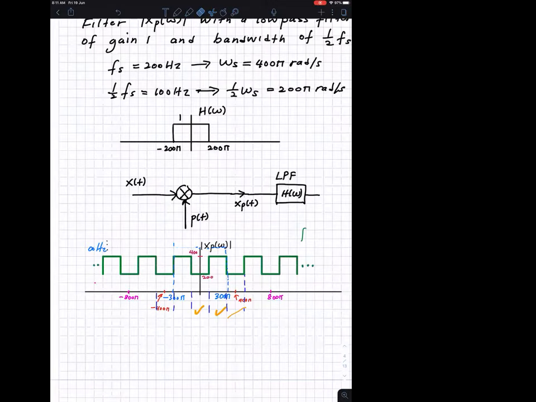Let me delete all these things that are cluttering the drawing. This is the signal that's going through the filter.